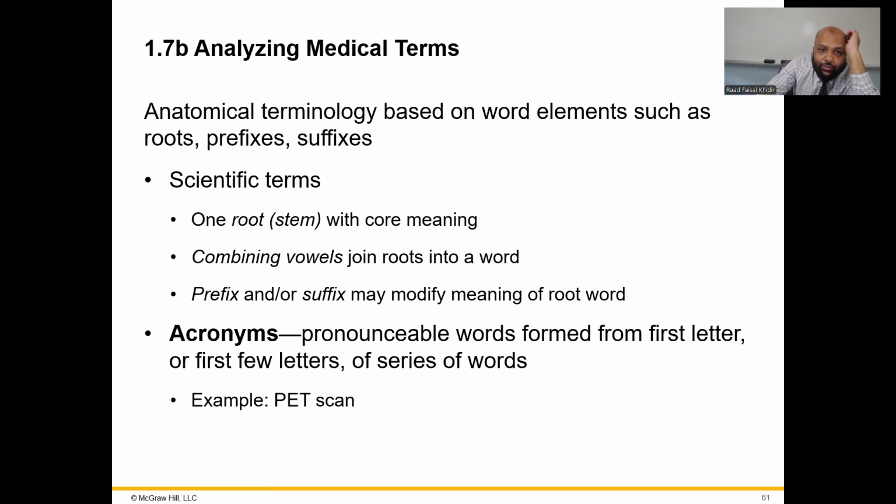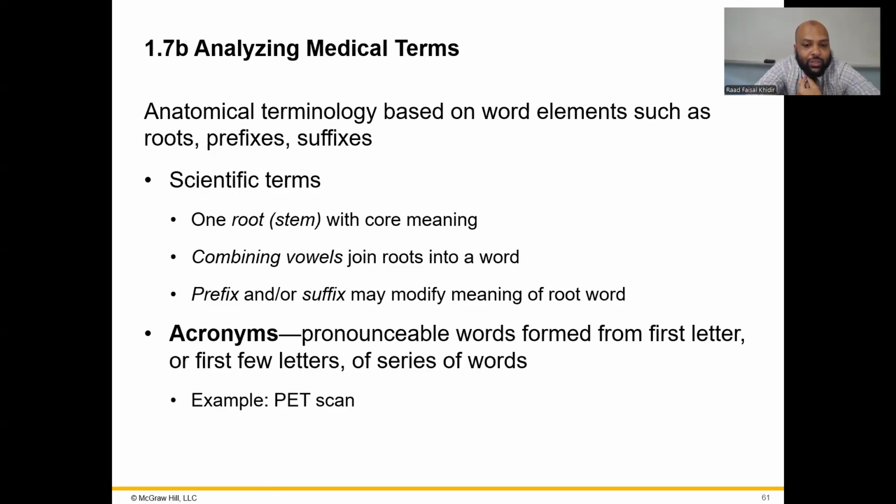Analyzing the medical terms. So anatomical terminology is based on word elements such as the roots, prefixes, and suffixes. So the scientific terms: one root or stem with a core meaning.